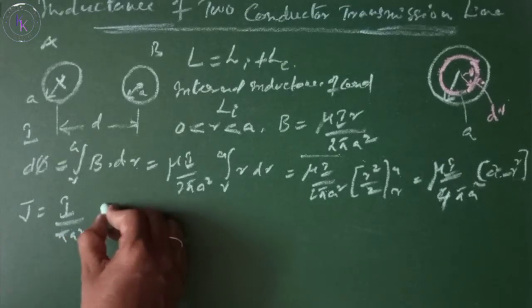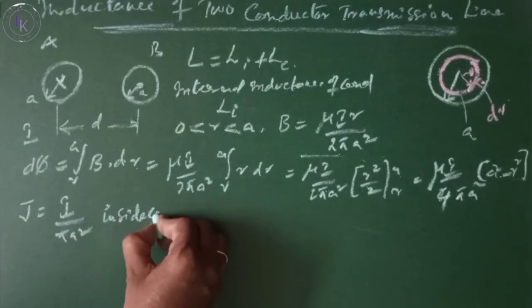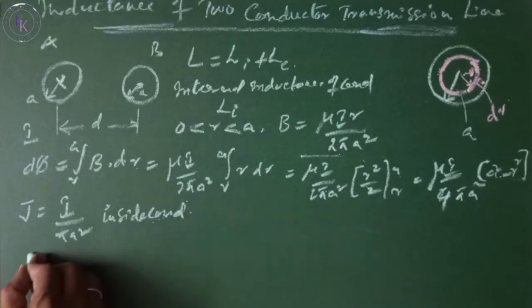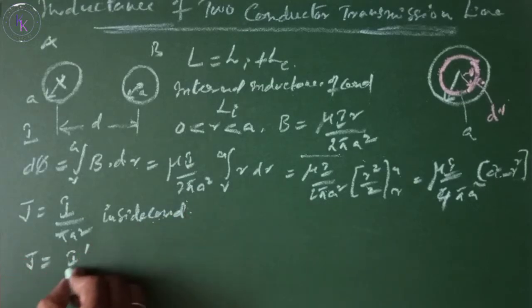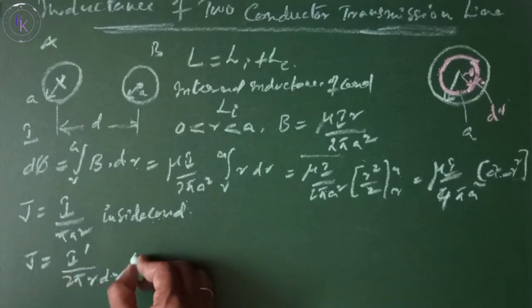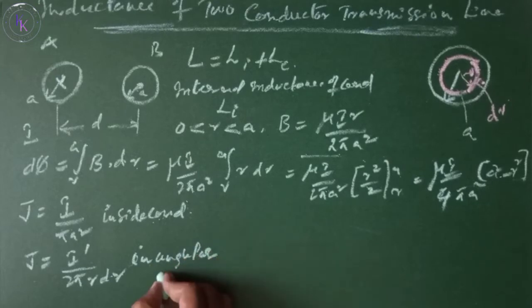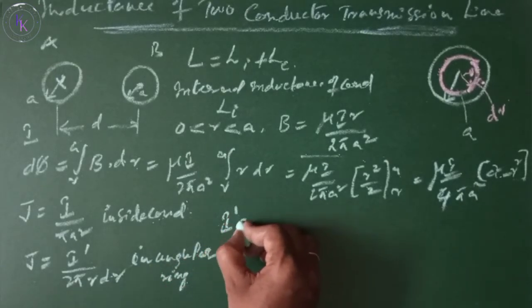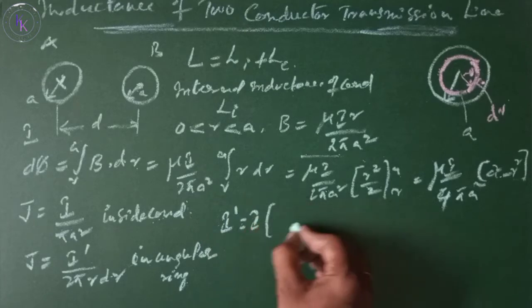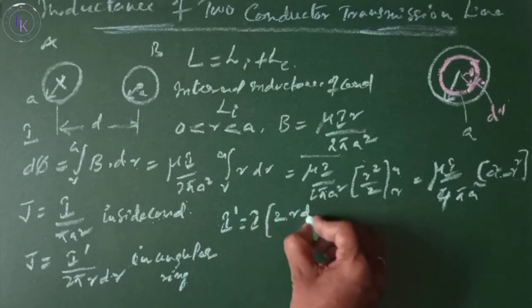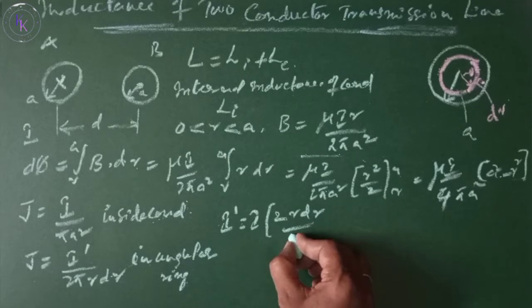Inside the conductor, let J equal I dash divided by 2 pi r dr, the current density in the annular ring. From these two, I dash is given by I times 2r dr divided by a square.